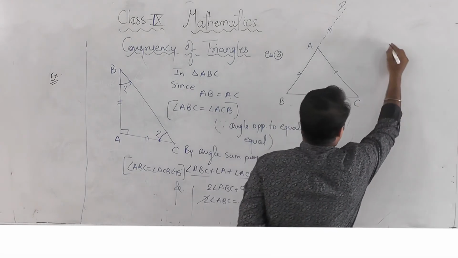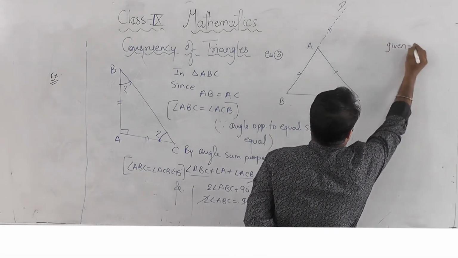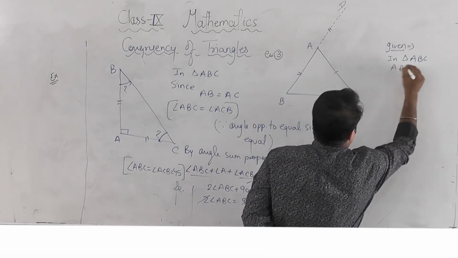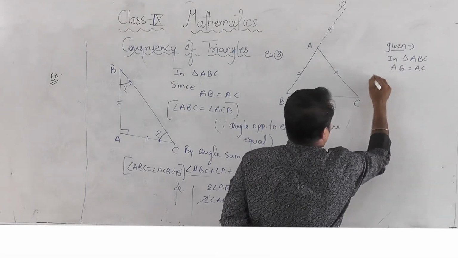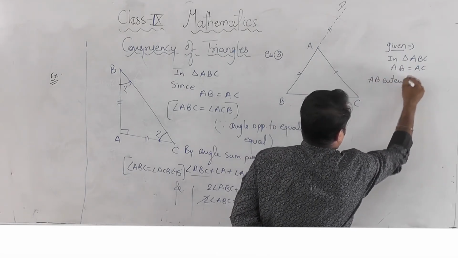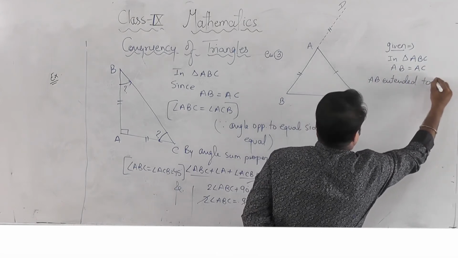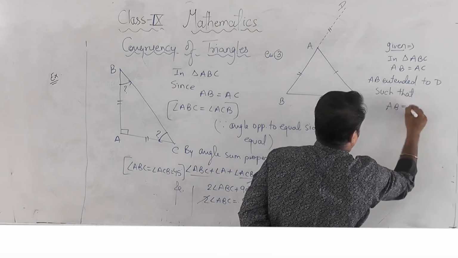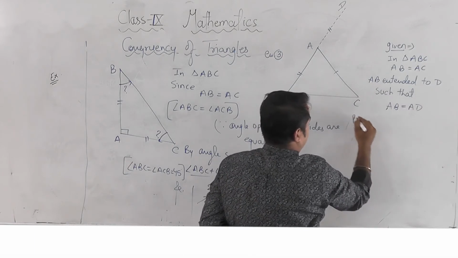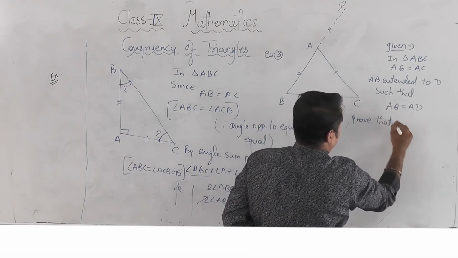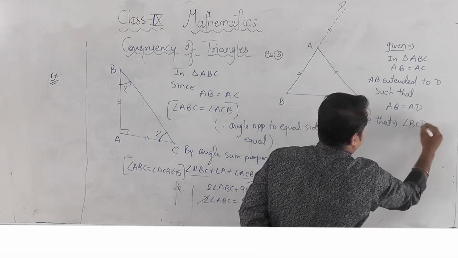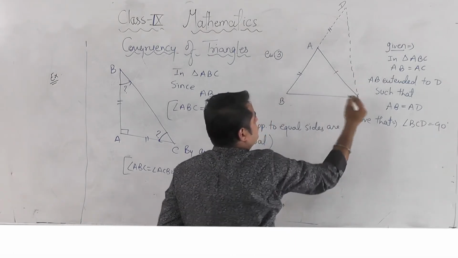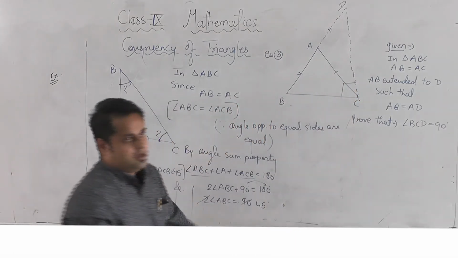First I am writing that given is: in triangle ABC, AB and AC are equal, and BA is extended to D, such that AB and AD are also equal. What we need to prove is that angle BCD is a right angle. That means we need to show that if we join D with C, this will be a right angle.